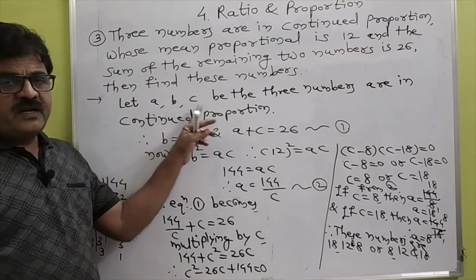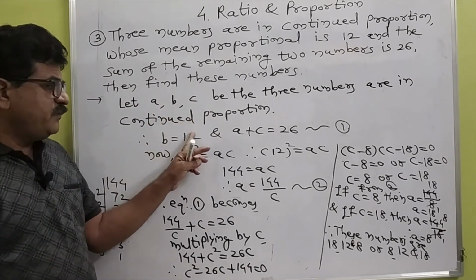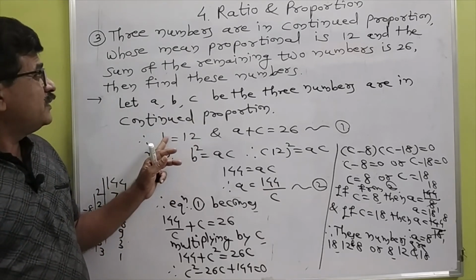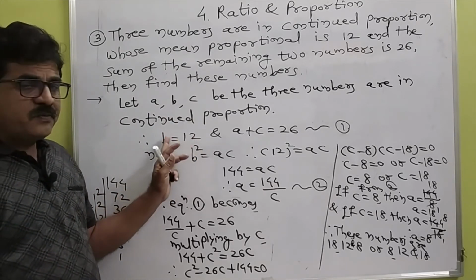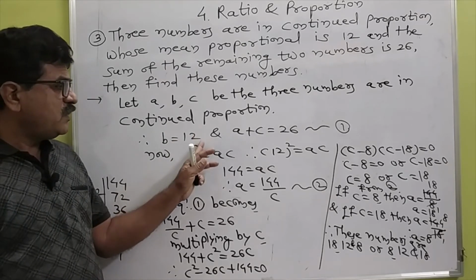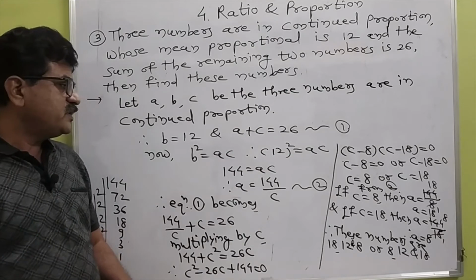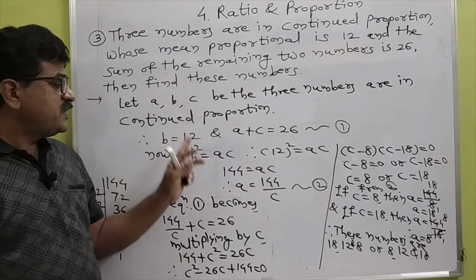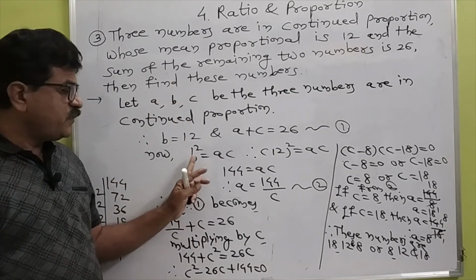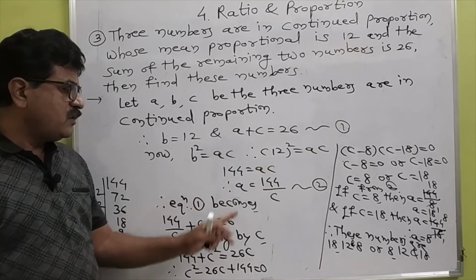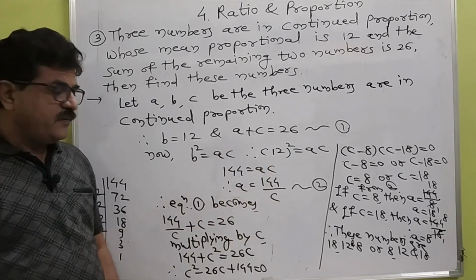We considered 3 numbers A, B, C. Given mean proportional is 12, therefore B is equal to 12, and sum of remaining terms, that is A plus C, is equal to 26. Now A, B, C are in continuous proportion, therefore B square is equal to AC. We put the value of B as 12 and found the value of A from it.